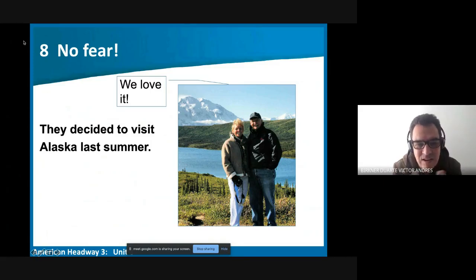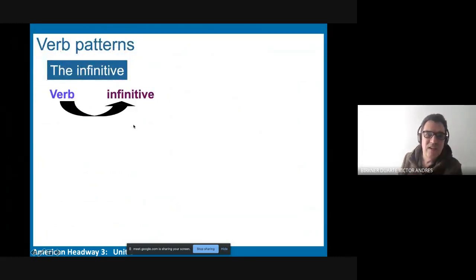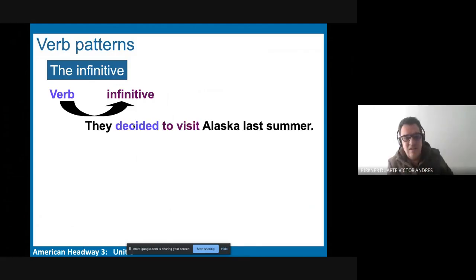Here we have an example. They decided to visit Alaska last summer, right? In this case, we can see that we are using the verb plus an infinitive and then the verb, right? Here you can see the verb plus infinitive, but we're going to see also the verb plus gerund, right?